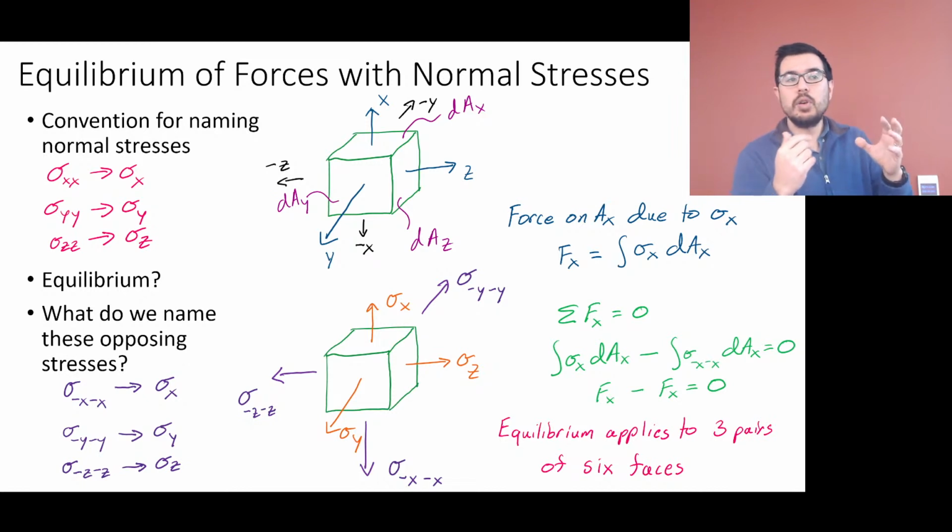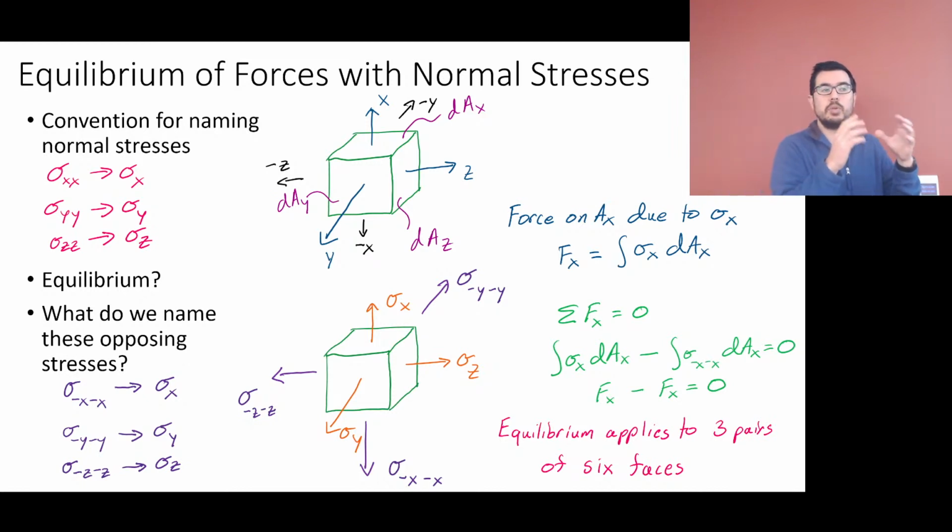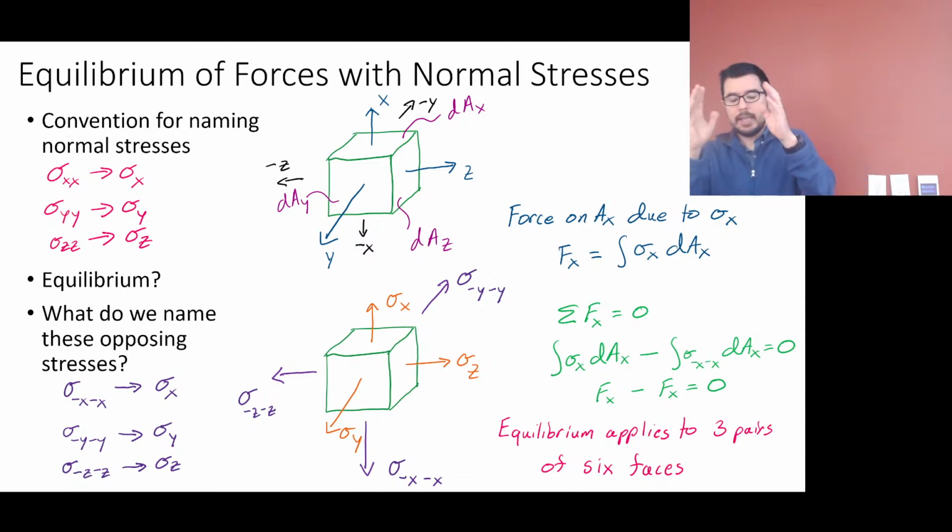So it's true at the microscopic level, for lack of a better word, and it's true at the macro scale when you have that surface. And you can see that these things are going to be in equilibrium. Equilibrium applies to the 3 pairs on the 6 faces.